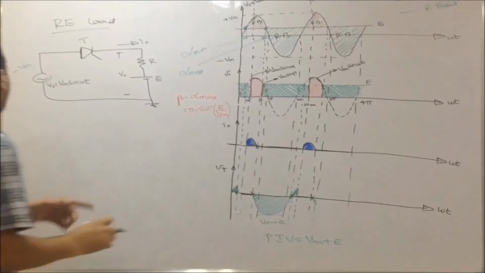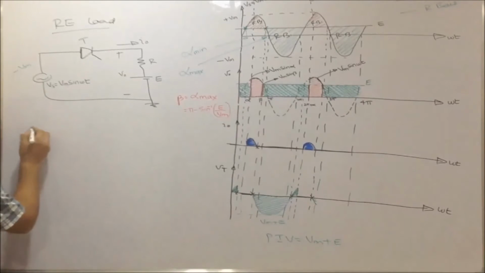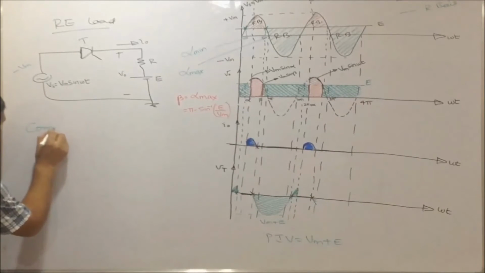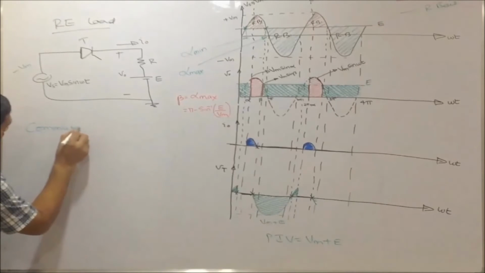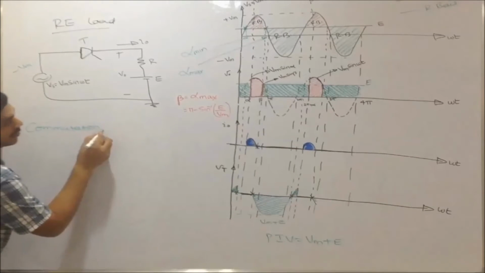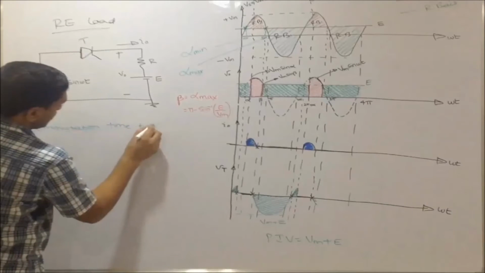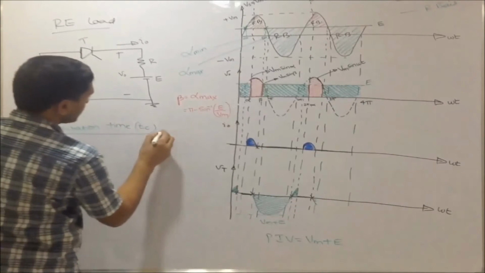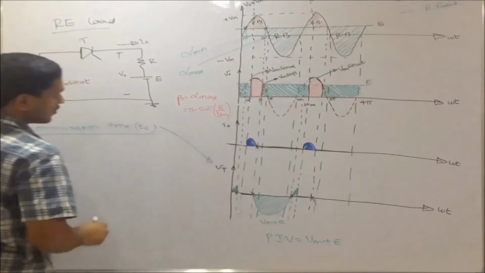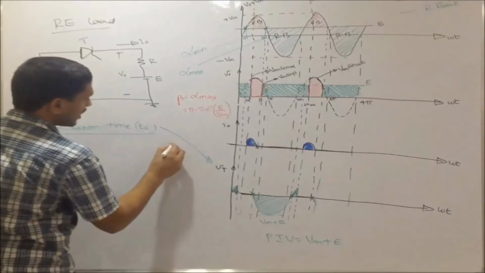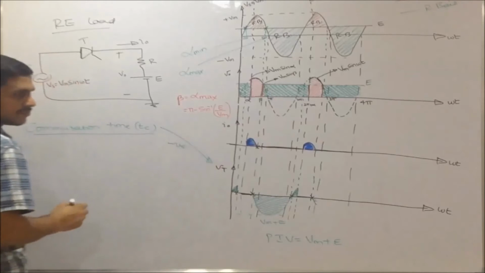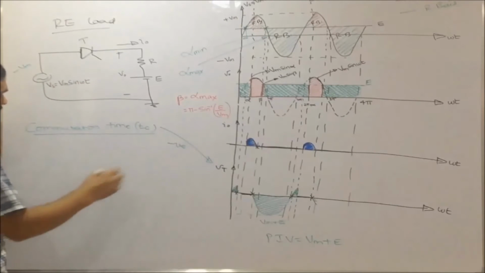Now we are calculating the commutation time. For commutation time, one has to look at the Vt waveform and see where Vt is becoming negative.